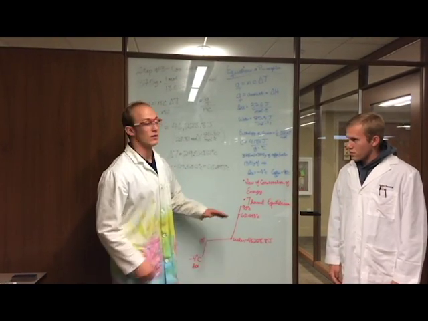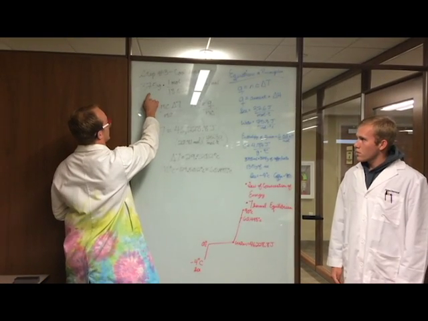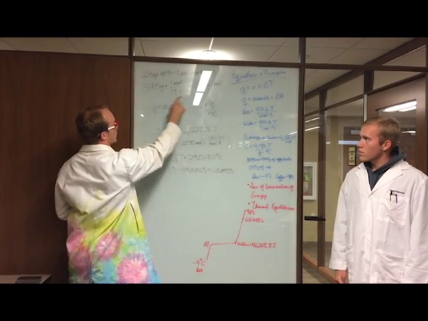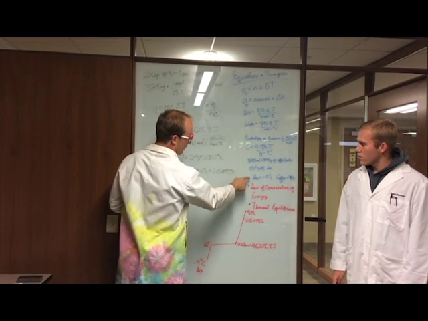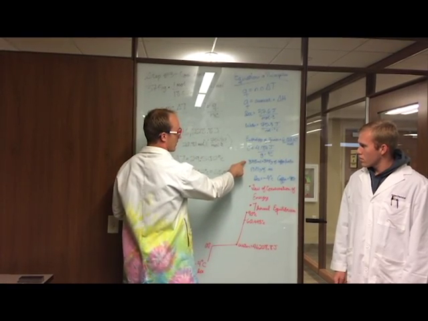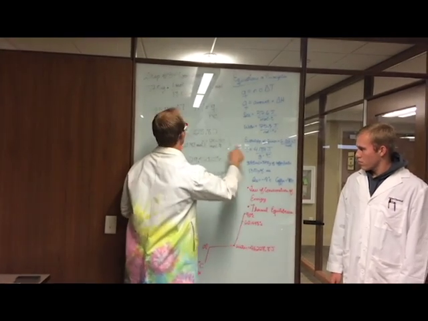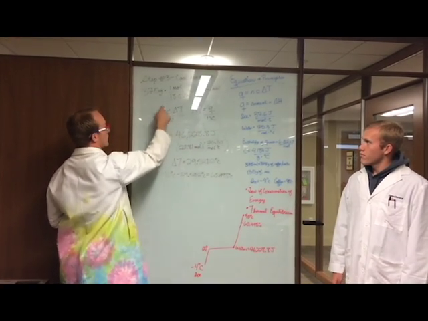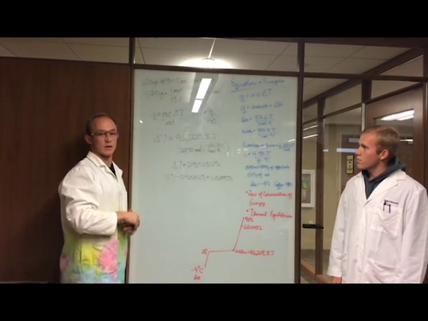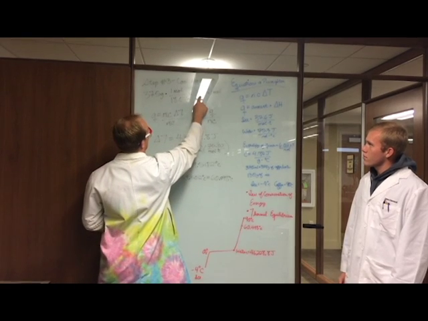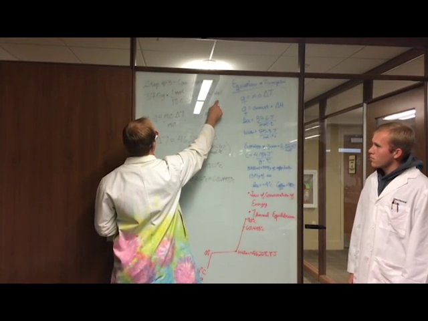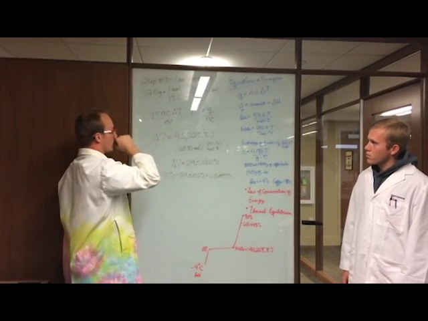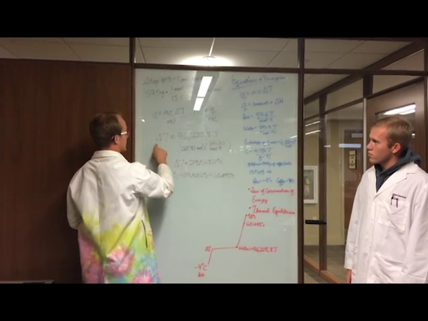But first we need to convert grams to moles. Here we assume that 375 milliliters equals 375 grams of coffee, and we divide it by the molar mass of H2O, like we discussed earlier, and we get 20.81 moles of coffee.